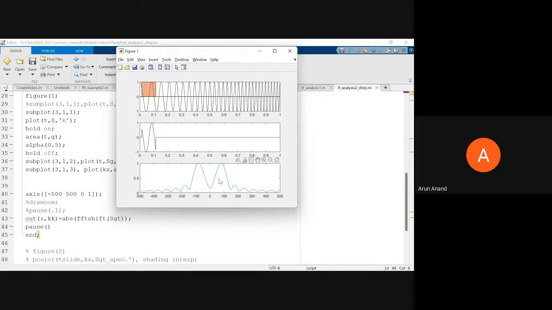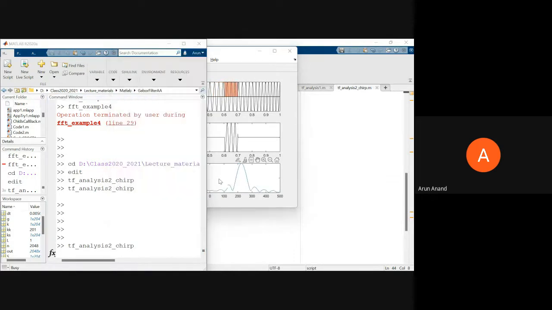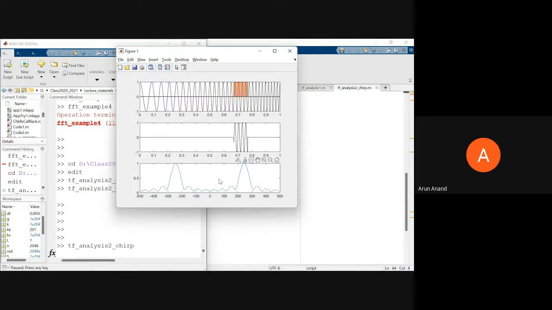Now as I move ahead, you are moving towards a region of higher frequencies. You see the spectrum on the bottom panel shifting outwards. For example, now the spectrum is centered at around 200 hertz. As I go ahead, now the spectrum is at around 250 hertz, and now it is centered at 300 hertz.